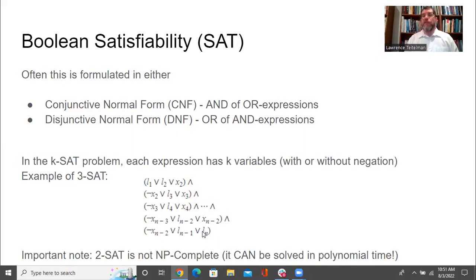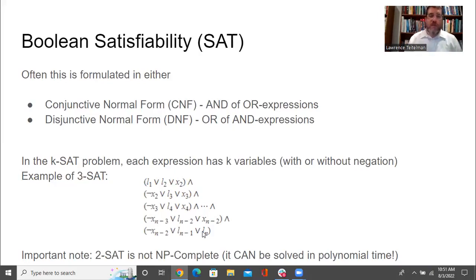Normal form means we have a very specific format that we have to follow. In 320, when you learn about Greibach normal form and Chomsky normal form, it means your production rules have a certain format: the left-hand side has to look a certain way, and the right-hand side has to look a certain way.